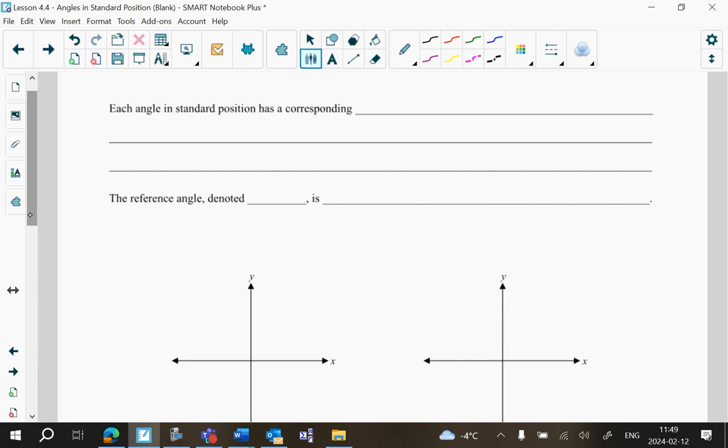Whenever I draw one of these angles on a coordinate grid, each angle in standard position has a corresponding, what we call, reference angle.